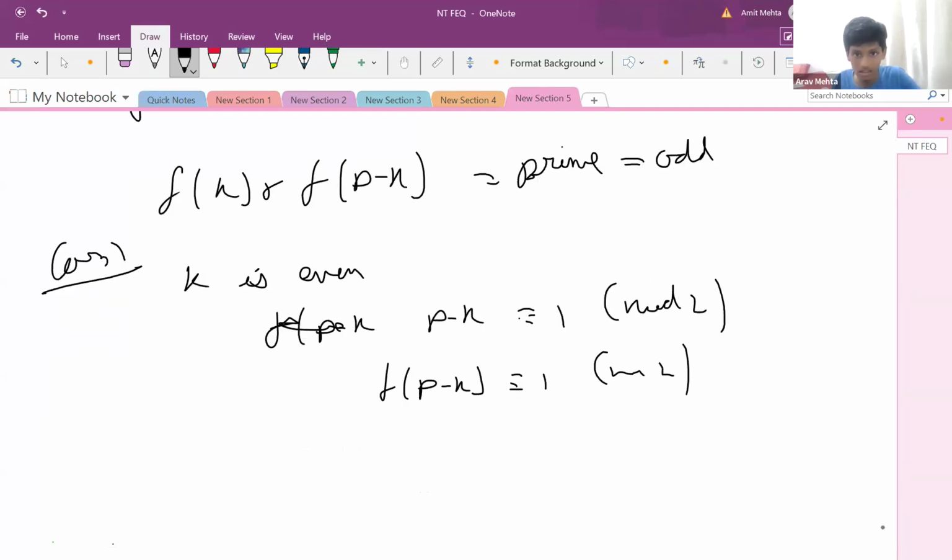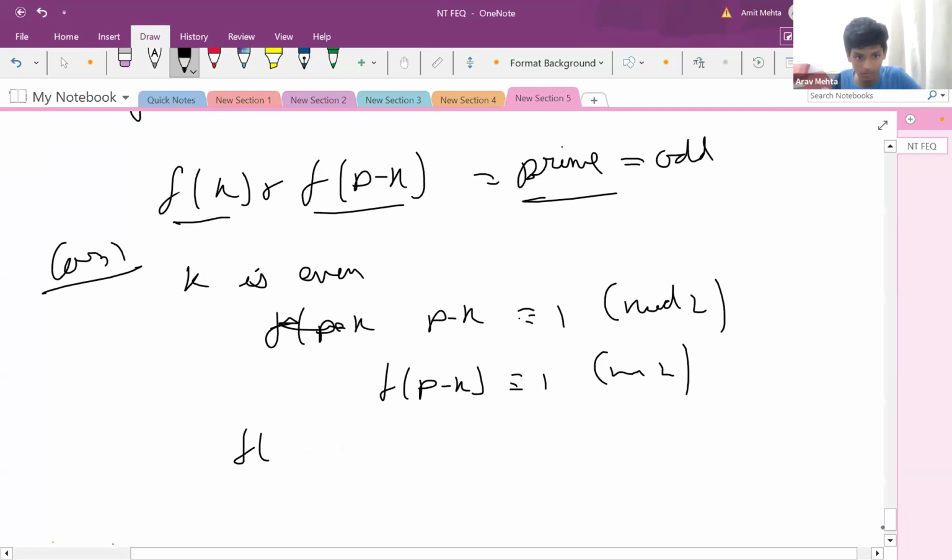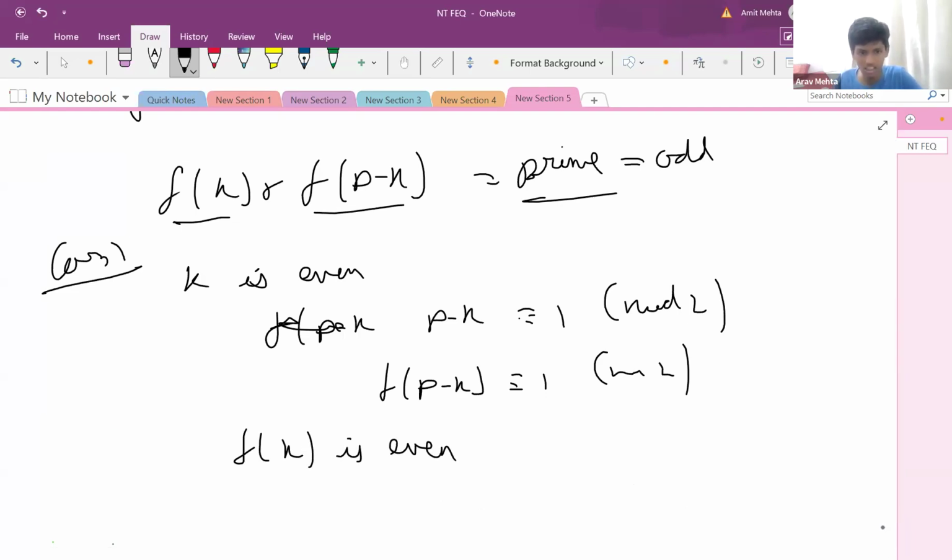Hence, since this part is odd and this part is odd, we have that this is even. Is this part of the proof sound? Oh yeah. Got it. Thank you.